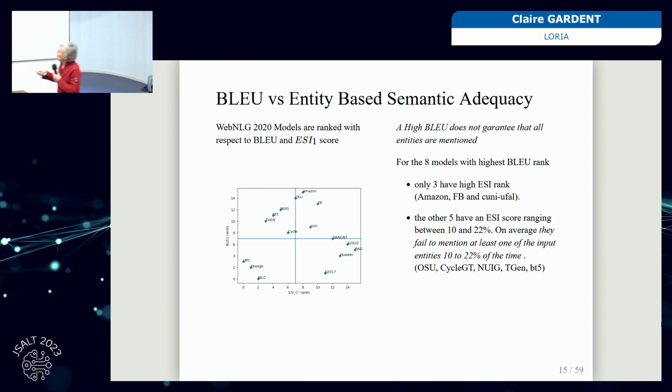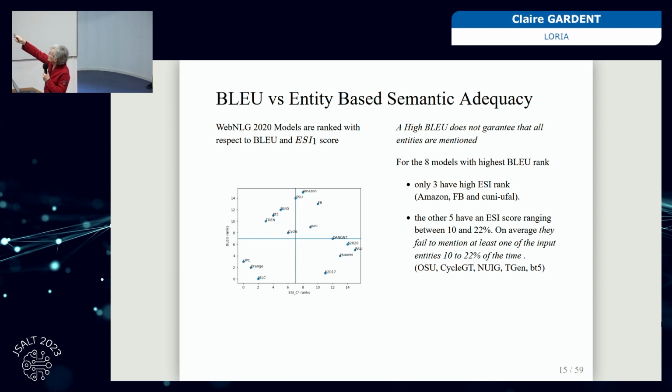So in the figure that you can see here, we rank the models by BLEU score and by EBSA score, so entity-based semantic adequacy. The top part of the picture gives you all the models that have the highest rank in terms of BLEU. And the right part of the picture gives you the models that are highest ranked in terms of entity-based semantic adequacy.